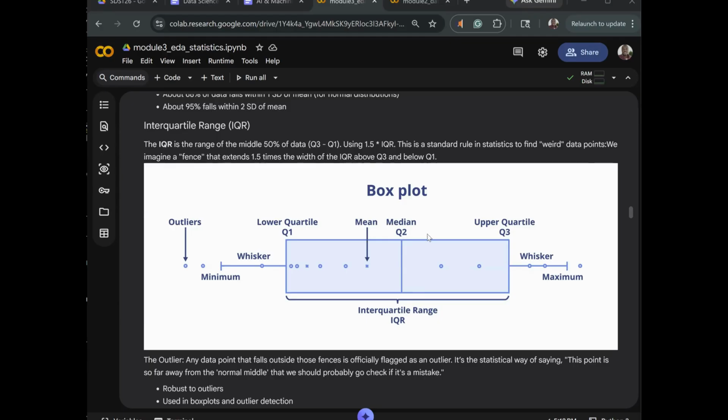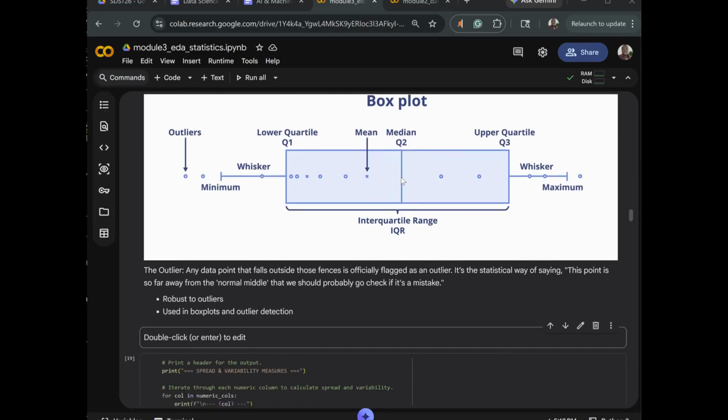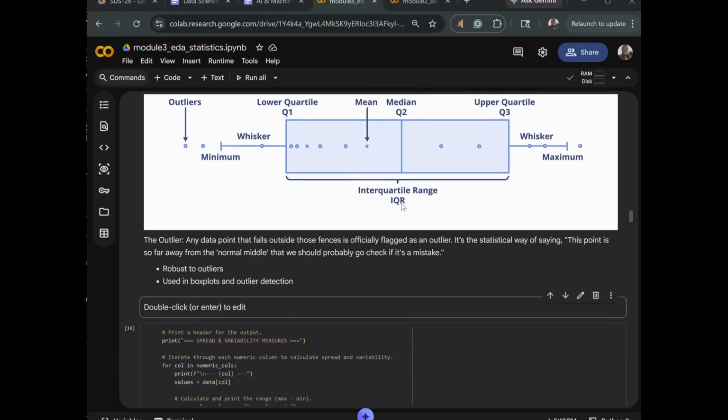So Q1 minus 1.5 times IQR shows you the possible outliers at the lower level. Then Q3 plus 1.5 times IQR gives the possible outliers at the upper level of the distribution. The Q2 in the middle gives you the median value of the distribution.